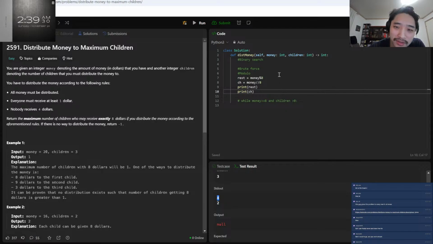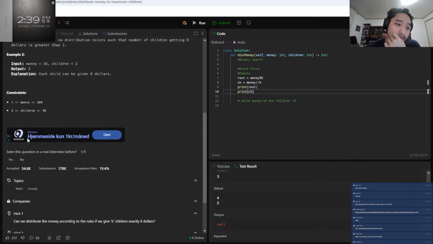I really want to do the binary search way, because I think I can do it pretty simply. I almost want to do that. But I don't think I benefit that much from doing it this way, because of the constraints.